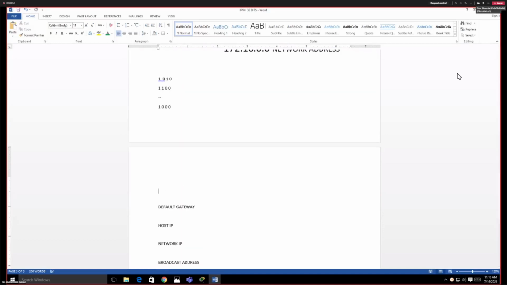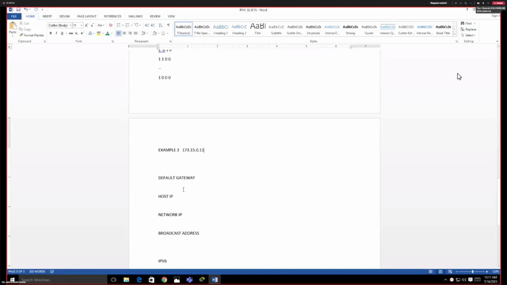So now, example 3 is 173.15.0.11. Now calculate the host IP address, network IP address, and broadcast address.